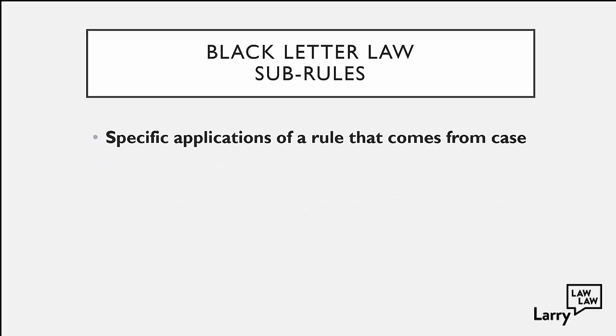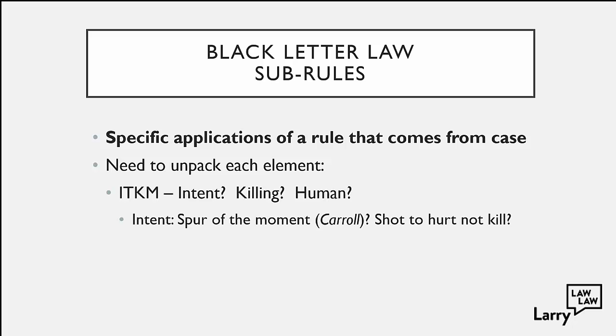As opposed to rules, sub-rules are the specific applications of rules that come from case law. There's a need to unpack every element, everything. When you're fighting tooth and nail in a criminal case or a torts case, you're going to challenge every single piece of a claim. So you've got intent, killing, and human for intent to kill murder, but there are a million questions as to each of these.